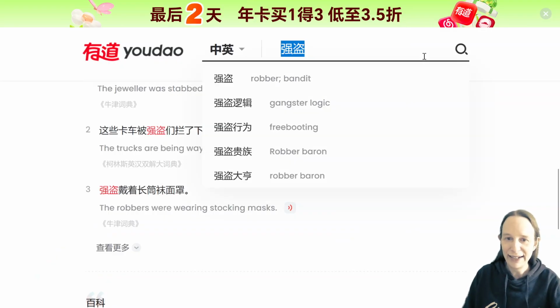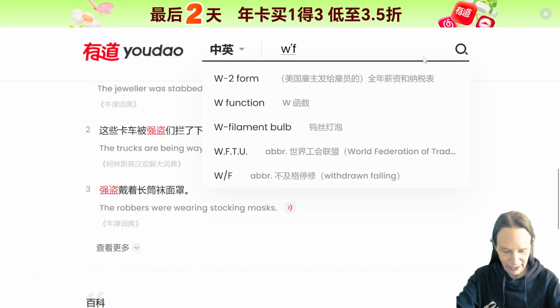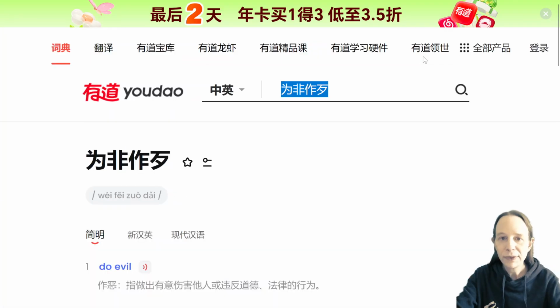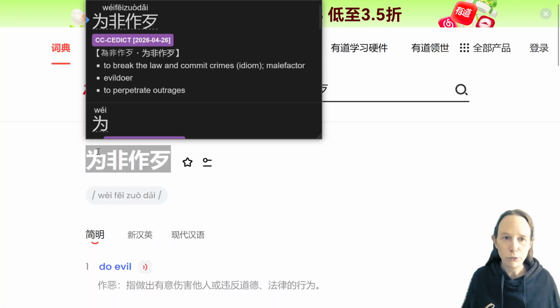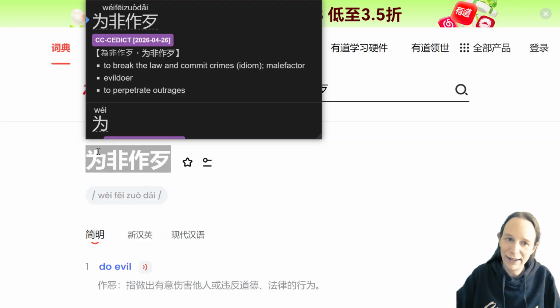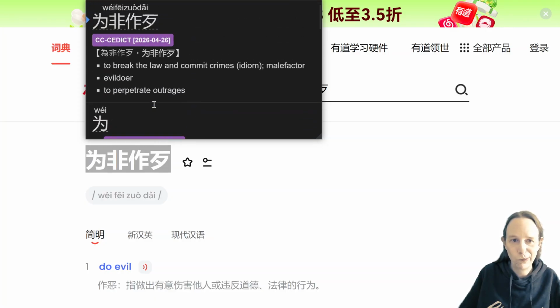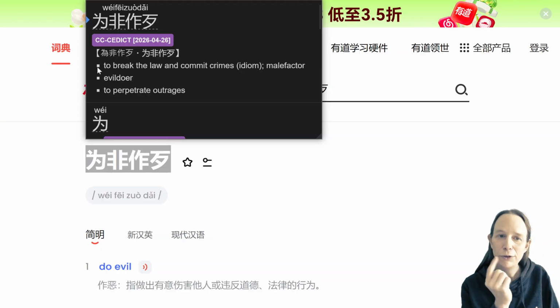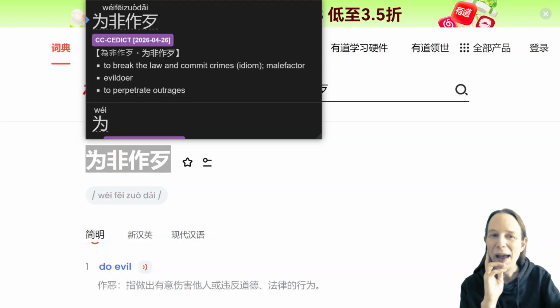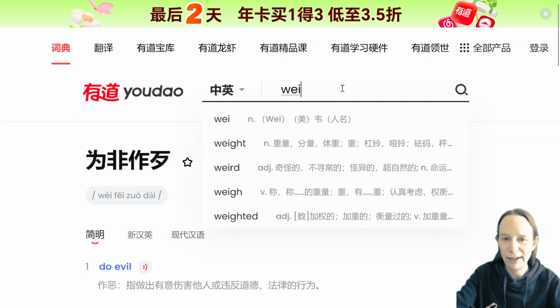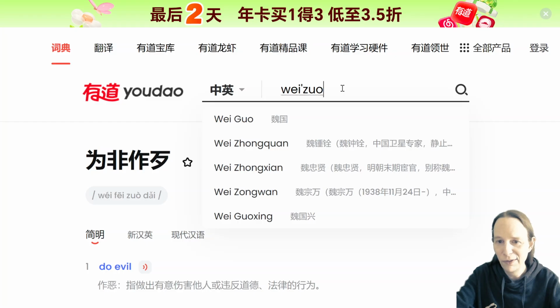There was a 成语 there I didn't know. 为非作歹. So 为 is just do again, isn't it? Fei is the antonym of shi. Do bad. 做. Maybe it's 为做 a word. Not really.